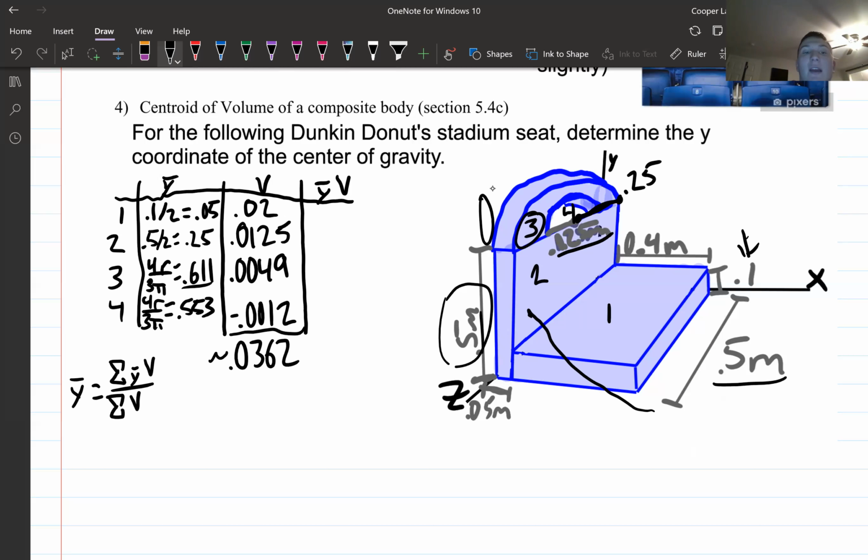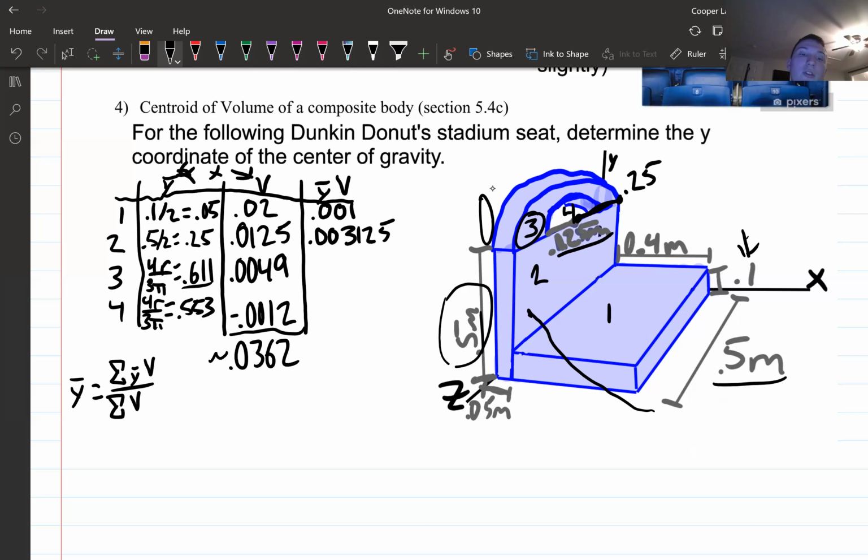Now I'm going to move on to my y bar times v column. Going through this, I'm going to take my y value here and multiply it by my v value. When I do that, I get 0.001. For shape 2, I'm going to get 0.003125.